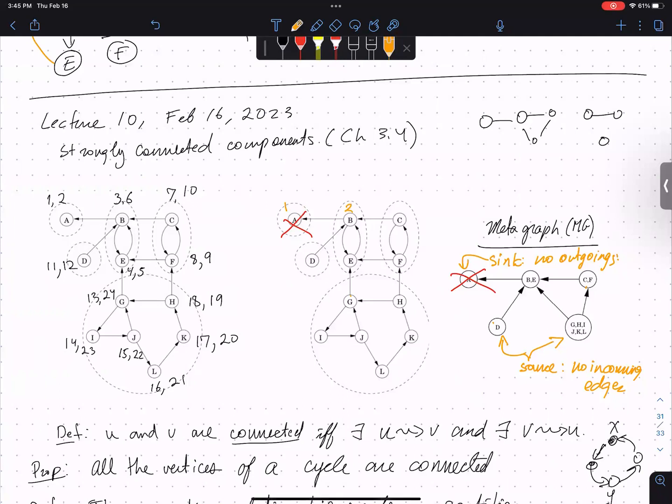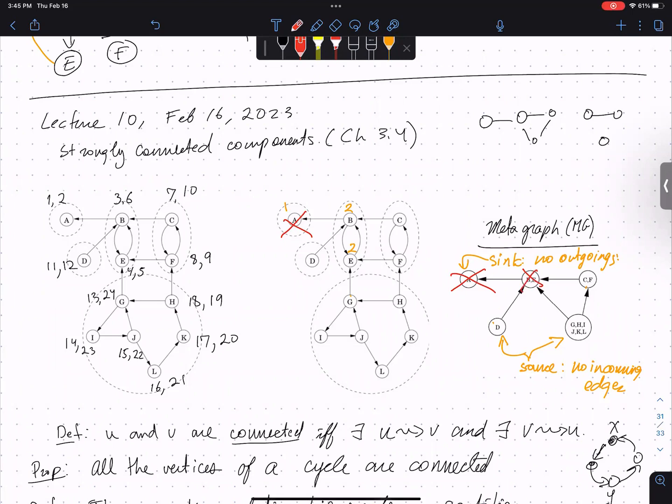And from B, we explore, we get to E, so we label that also with a 2, and that's it. From there, we don't go anywhere. Again, notice we didn't get out of our component. We explored everything in our component, but we never left because this is a sink, so we have no way out.